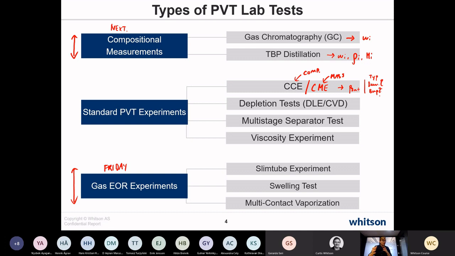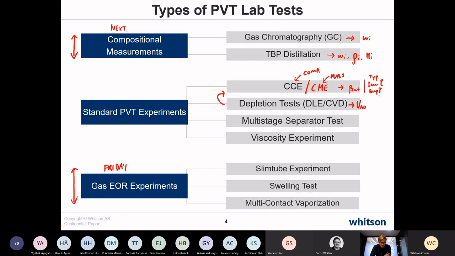There's also a difference between legacy PVT cells and new PVT cells. In new PVT cells, you can actually get the liquid relative volume, but the depletion tests right here give you either the VRO curve. So that will either be a shrinkage curve for an oil or a dropout curve for a gas condensate, and that's actually something for newer CCE data that we see in these visual cells.